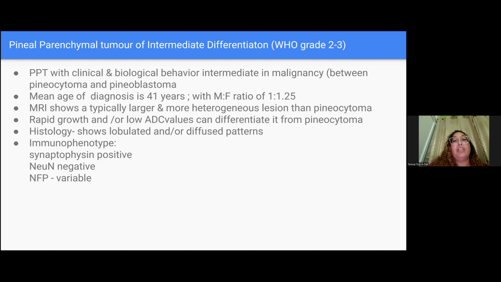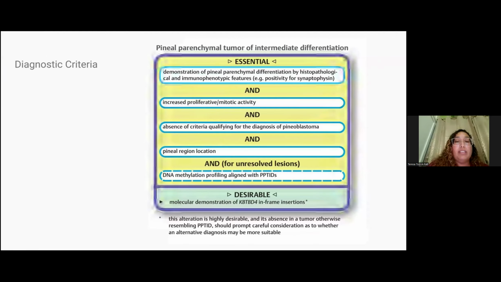Histologically, it would show lobulated and or diffuse patterns, and the immunophenotype for this would be synaptophysin positive, NeuN negative, or NFP variable. For the diagnostic criteria, these tumors must demonstrate pineal parenchymal differentiation by histological and immunophenotypic features. They must have increased proliferative or mitotic activity.